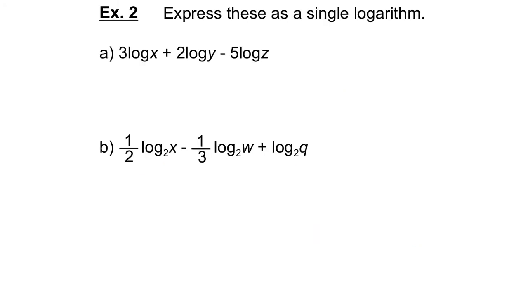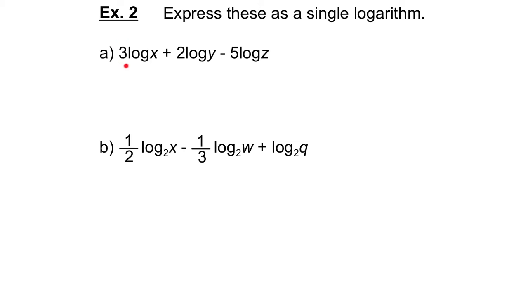Now in this next example, I'm going the other way. Now I have expanded form and I want to express this as a single logarithm. So for this first one, notice log, log, log. The base of the log is the same. Remember, if you don't see the base, it means it's base 10. So the logs all have the same base.